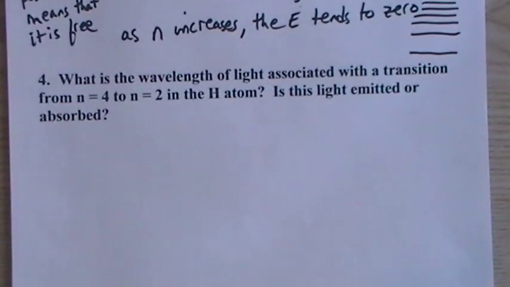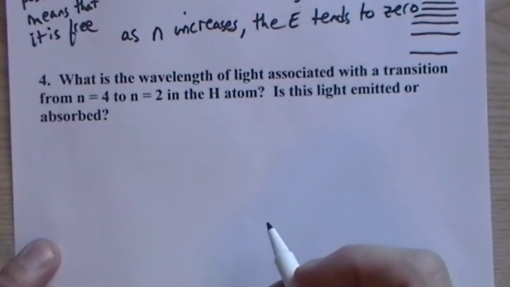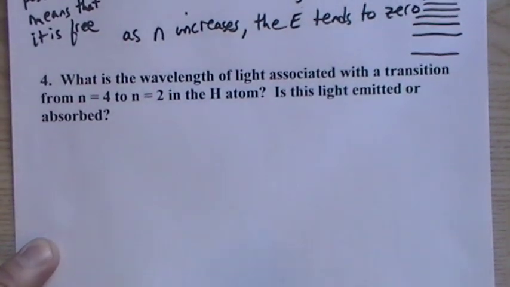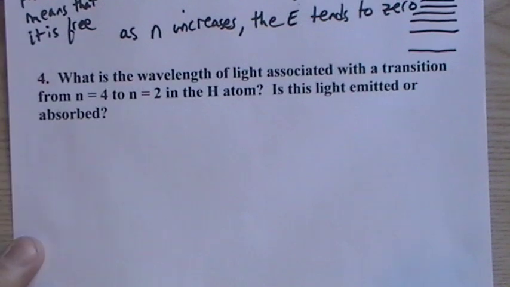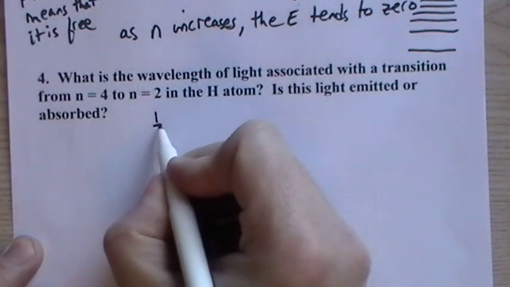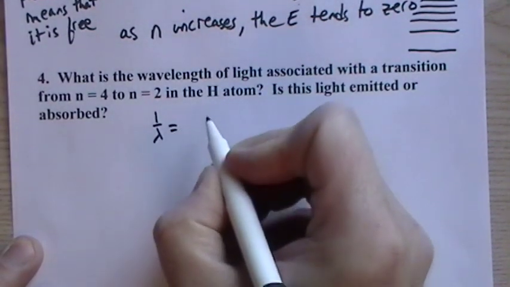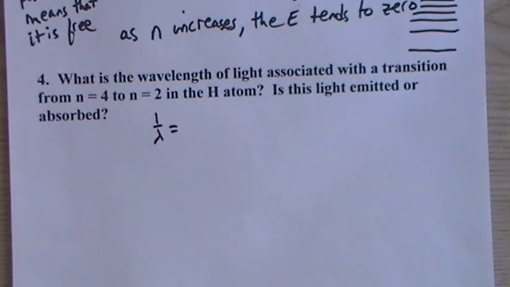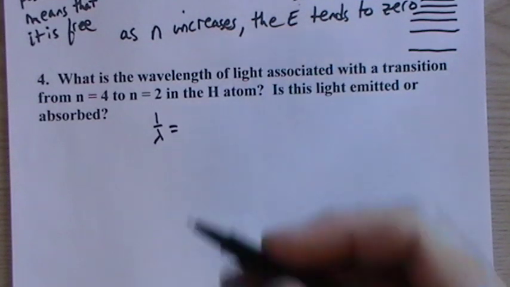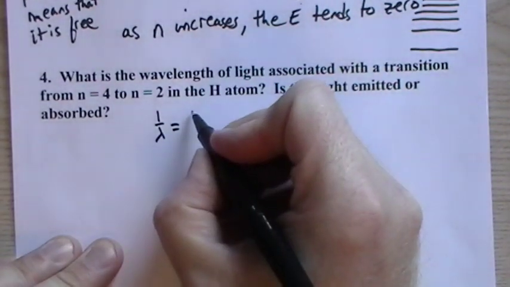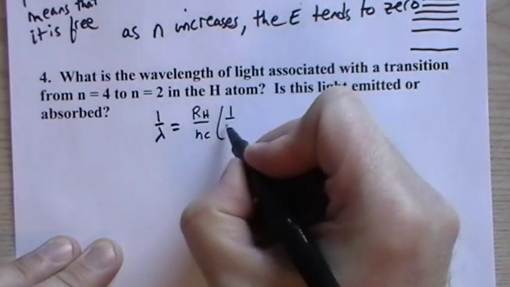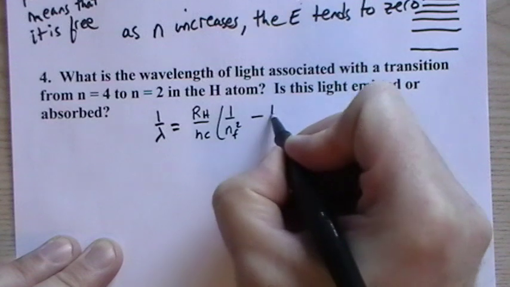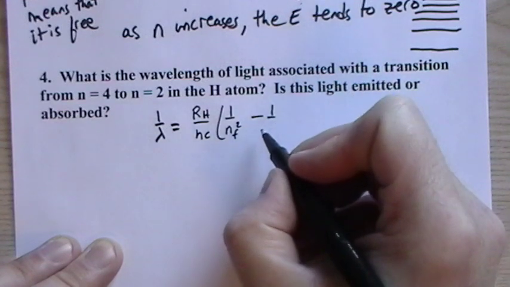Okay, so now this is what we're normally going to be dealing with: finding the wavelength of light due to a transition inside of a hydrogen atom. And the equation we use, I'm going to try to write it, in this case it's easier to use this finer point.